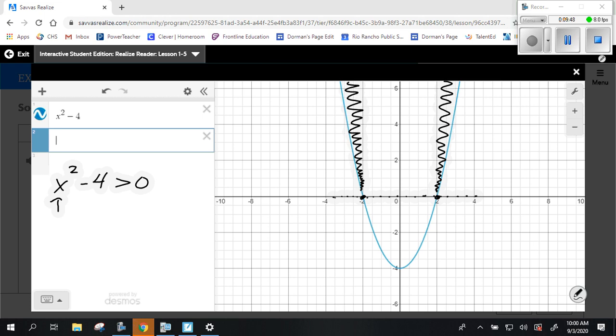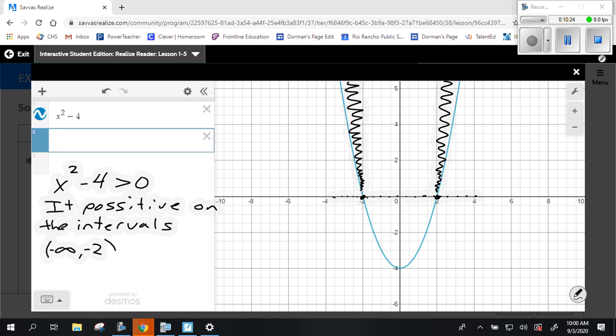We could say that it's going to be positive on the intervals, actually, since we have two. And we're going to say from negative infinity all the way up to -2, right? And we're going to have a parenthesis there, not a bracket, because it's not positive at -2, it's 0. And then all the way from +2 up to infinity.